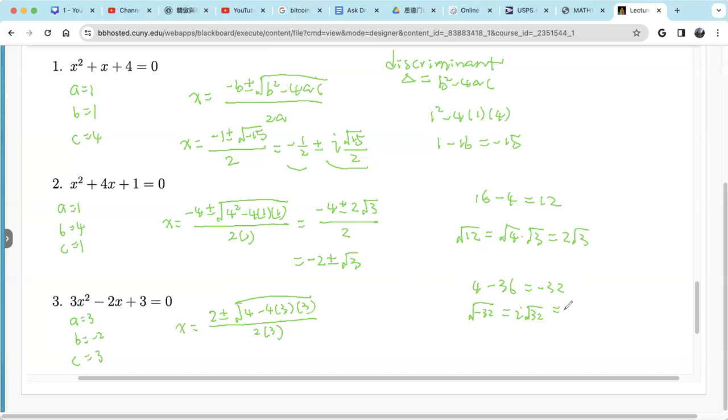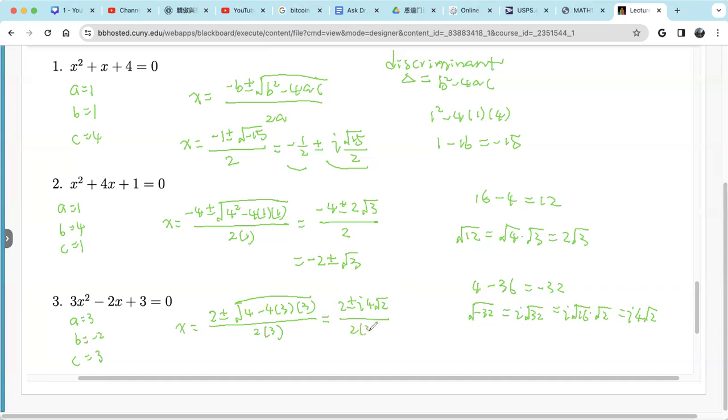Well, 32 is 16 times 2, so we can split the square root of 32 as square root of 16 and 2. Square root of 16 is 4, so we get 4 radical 2. So this one equals 2 plus or minus i 4 radical 2 divided by 2 times 3, 6.